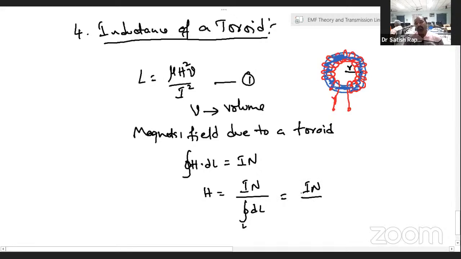So what is the line integral of dl, the length of the toroid? The length of the toroid is here the circumference, like a circle whose radius is r. Then circumference is 2 pi r. So therefore H is equal to I N by 2 pi r. Let us say this is equation 2, right?